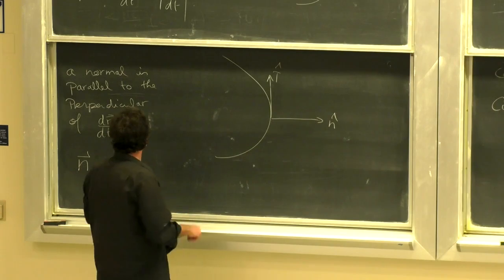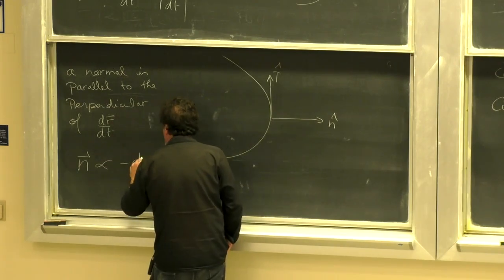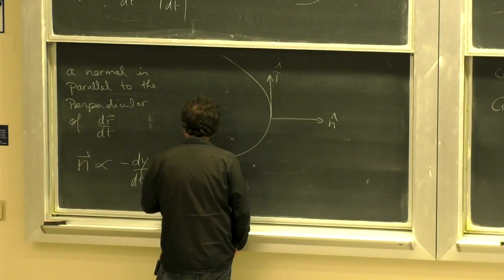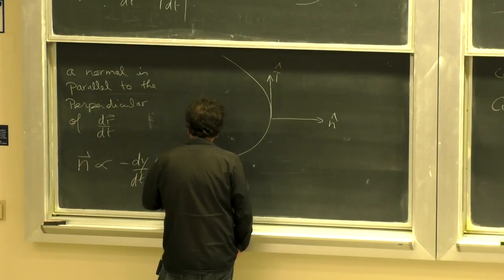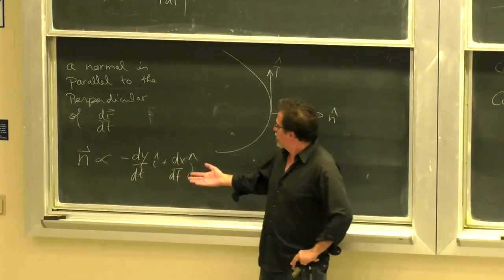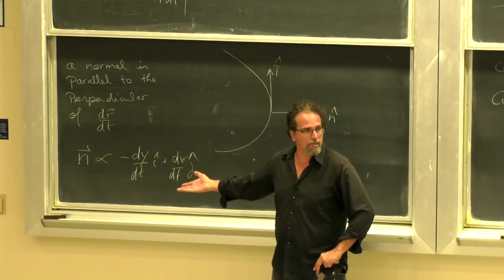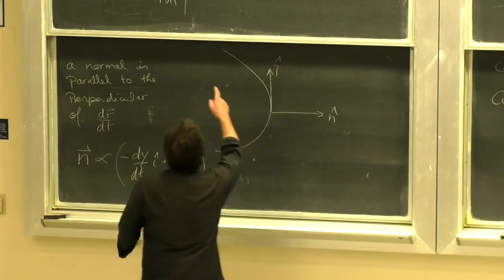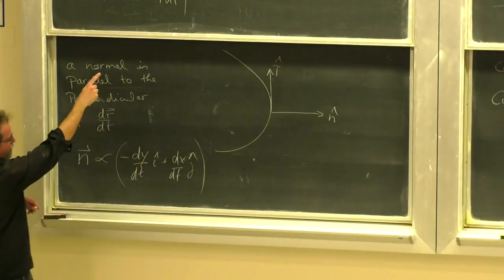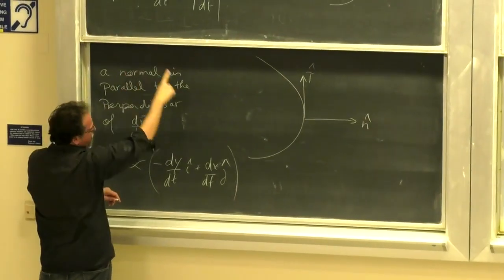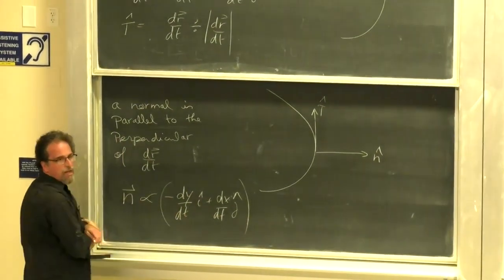So I always just do this. The normal is proportional to this. What did I do? I took the dy dt from the j hat entry for the same curve, I put it in the i hat entry, I put the dx dt over here, and I switched one of the signs.